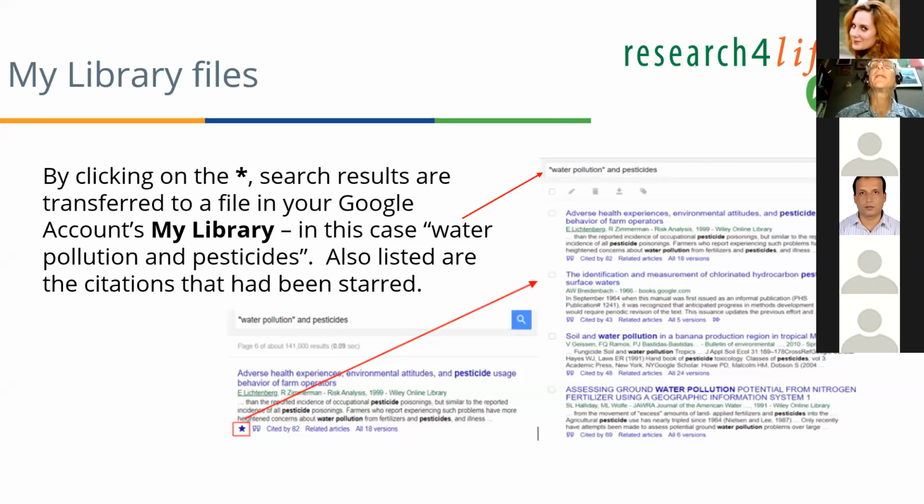I forgot to mention that it lists where the article's been cited and different versions for each article that is brought up in the search results. So that's the first thing to look at. You can save the results that way by clicking on the star and putting them in a collection in your library.